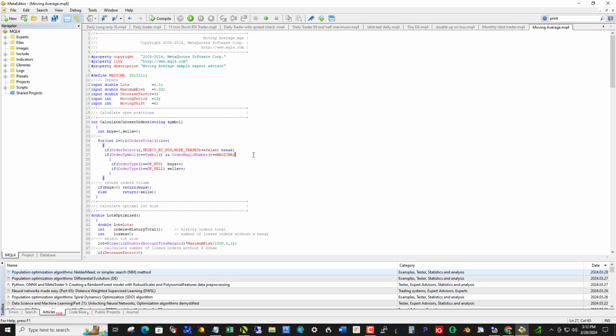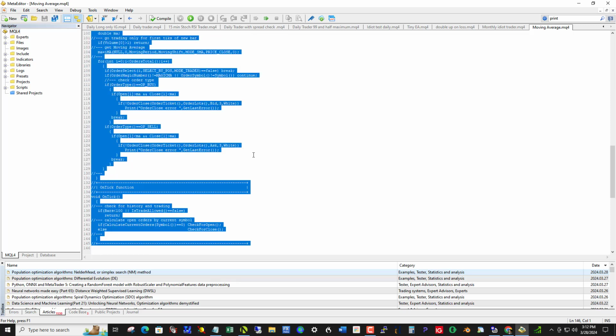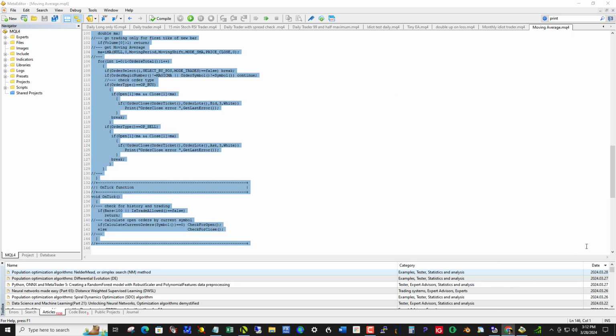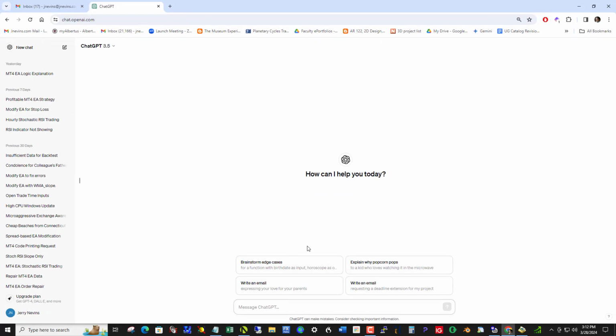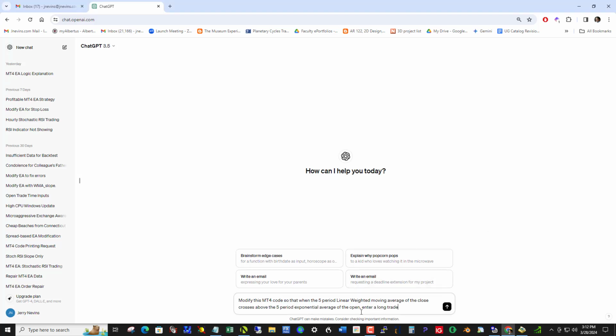Just taking this, copying it, Control A, Control C, and going over to Chat and saying, let's see here, modify this MT4 code so that when the 5-period linear weighted moving average of the close crosses above the 5-period exponential average of the open, enter a long trade.